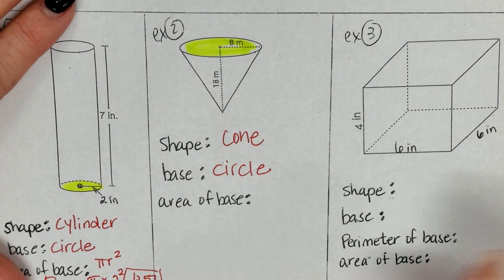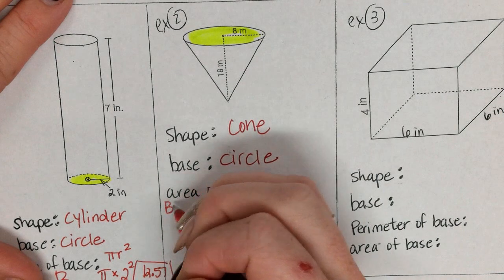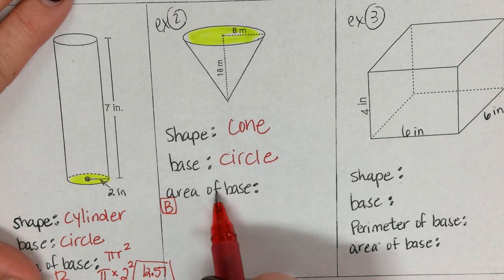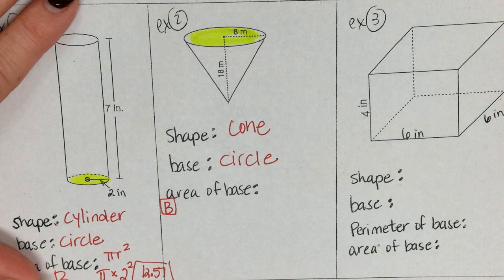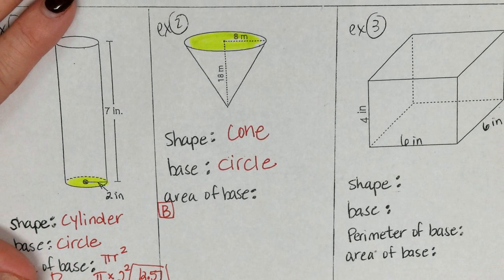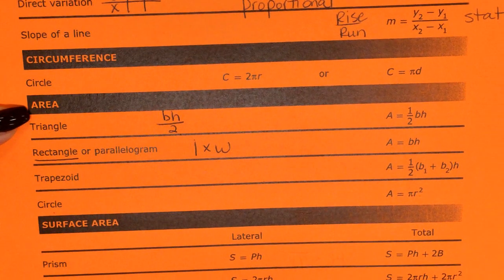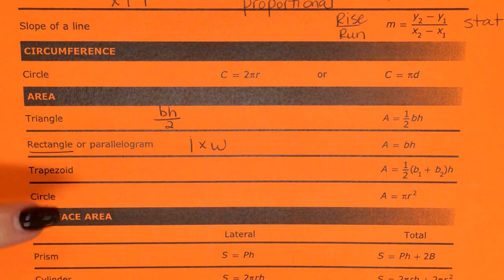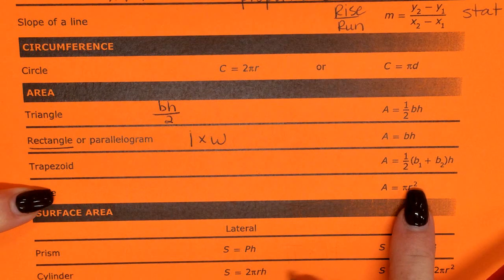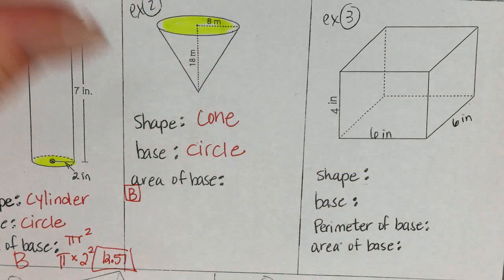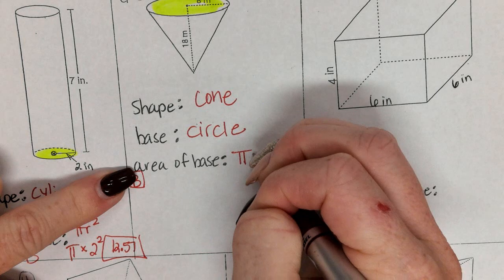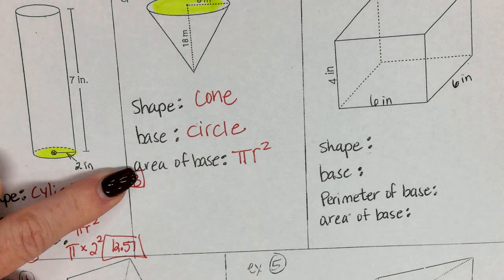Now we're going to find big B, the area of the base. Again, where do I go to find the formula for area of a circle? To my star chart, to area, find circle. What's the formula? Pi r squared, write that down.